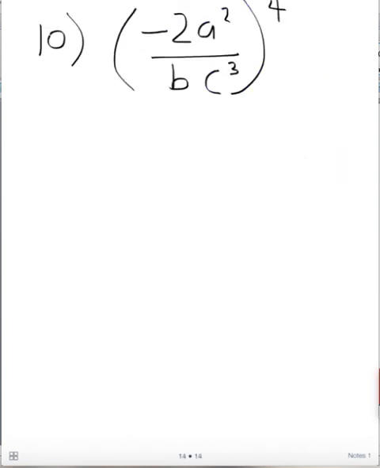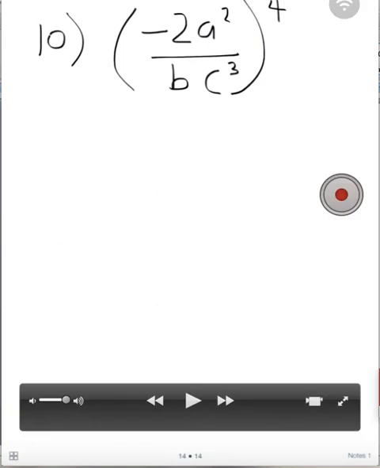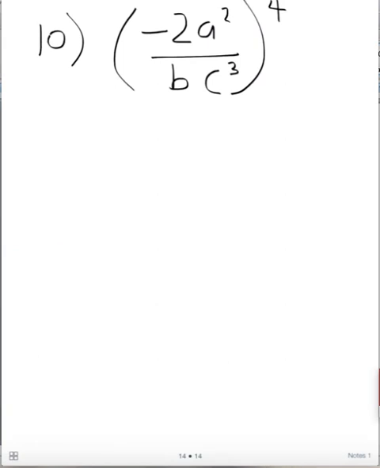So have a go at this next question, and remember that important step. The negatives in the brackets, it's included. So with this one here, I've got a power 4 sitting outside. Sorry, a bit lagging.